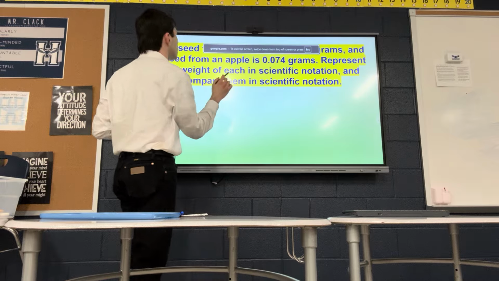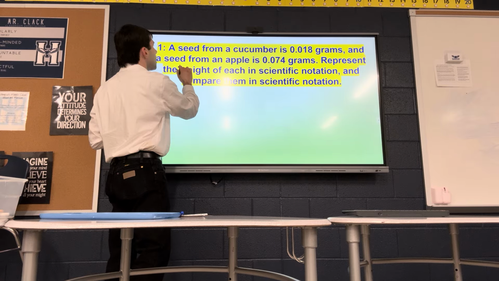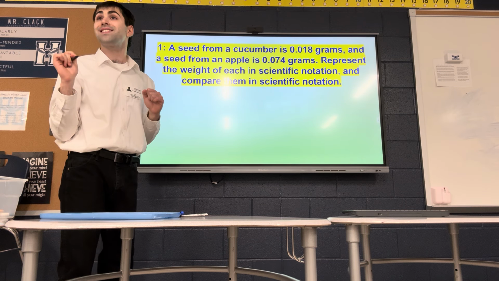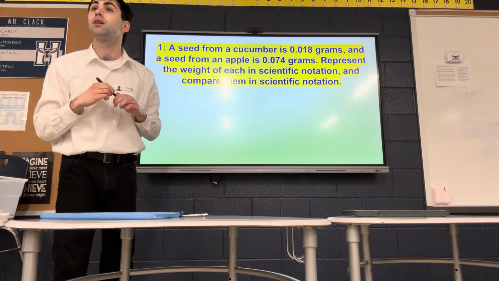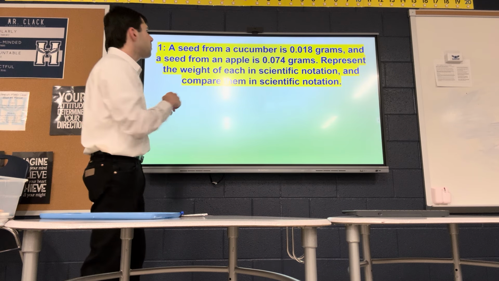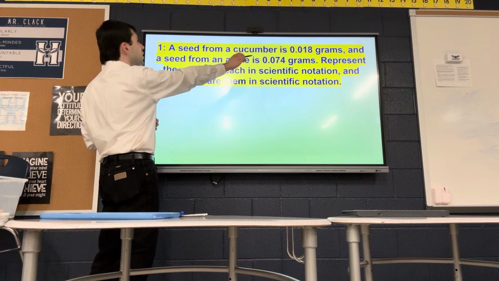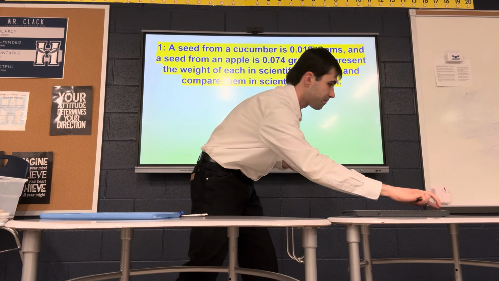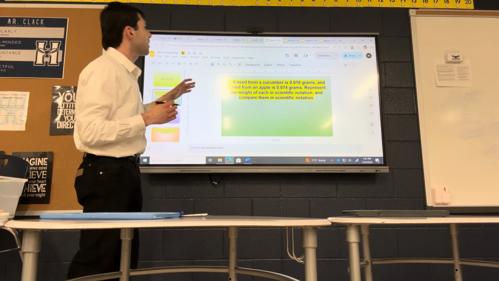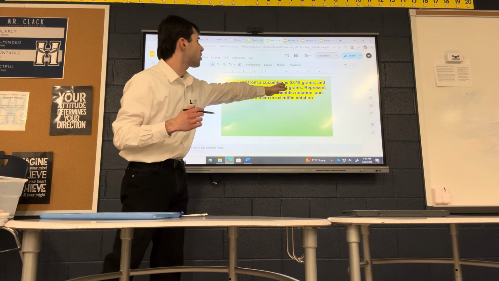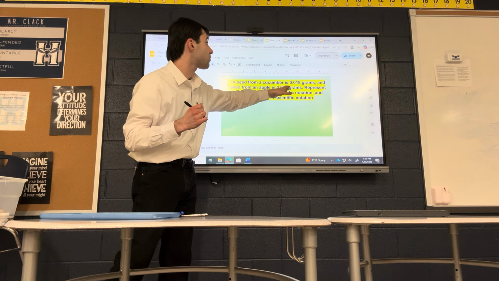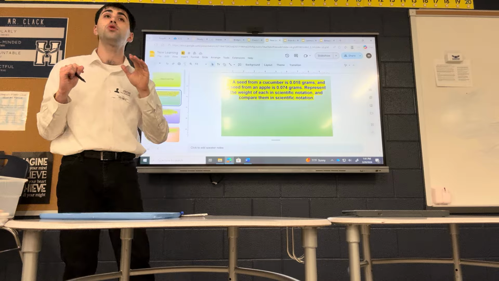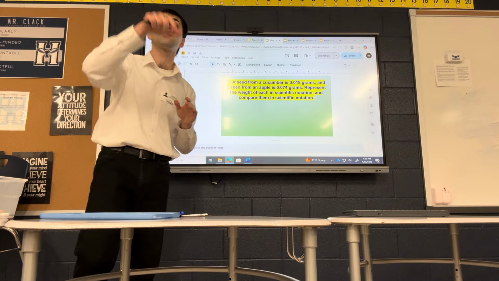The word problem says, a seed from a cucumber is 0.0018 grams, and the seed from an apple is 0.0074 grams. How would you represent this in scientific notation?